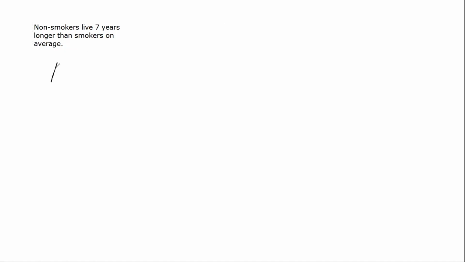Well, we're saying the mean for non-smokers is the mean for smokers plus 7. Right? It's 7 years longer than the mean for smokers. So that's one way of writing the claim. If we want to do a subtraction, it would be the mean for non-smokers minus the mean for smokers is equal to 7.